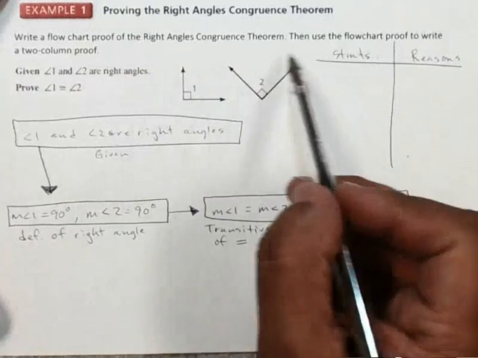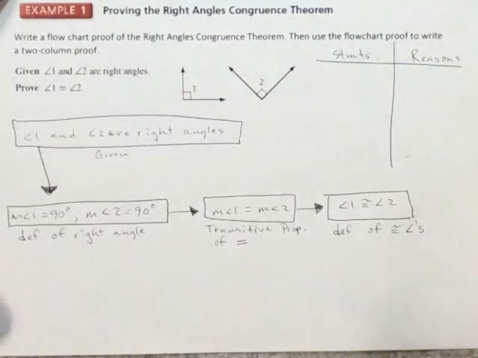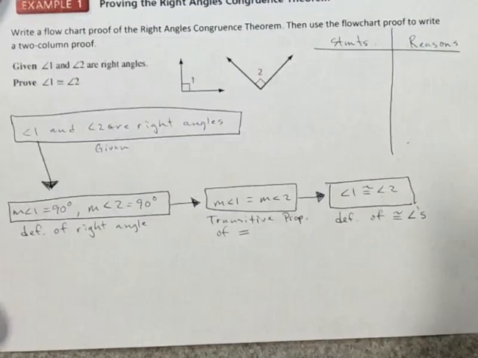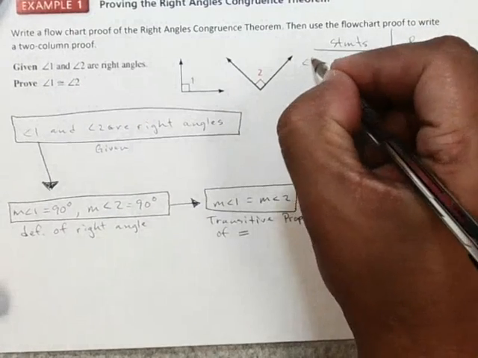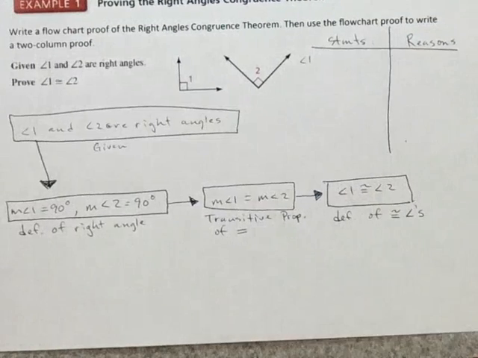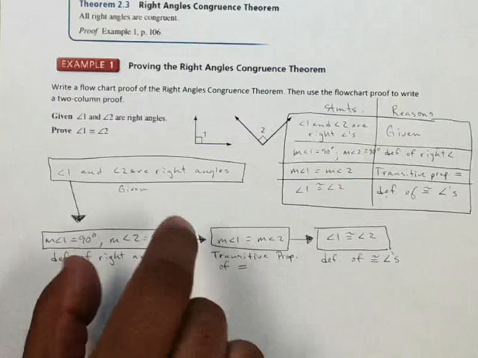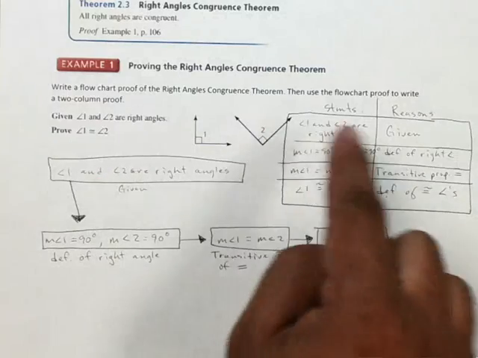So what we're going to do now is translate this flowchart into a standard two-column proof. I'm just going to copy that. Give me one second. All right, so here you go. Like magic, I translated this flowchart into a two-column proof.